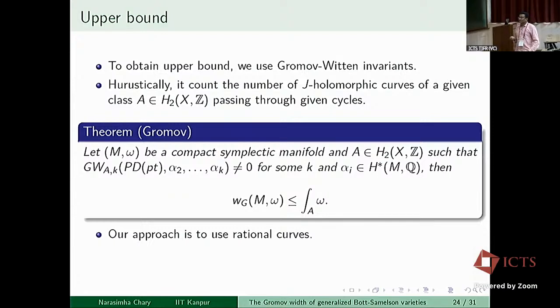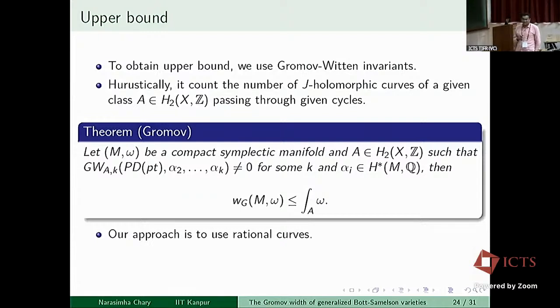This is what the non-zeroness says. If you have a certain curve, then he proves that this is upper bounded by the symplectic area of that curve.